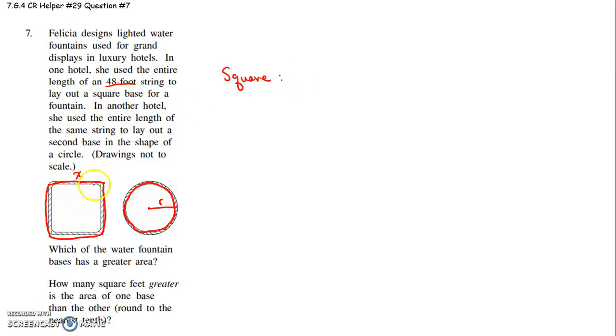Knowing that the 48 feet goes around the outer edge, we're given the information that the perimeter of that square is 48 feet. For perimeter, we're going to add up all sides. And given that it's a square, all these sides will be the same.